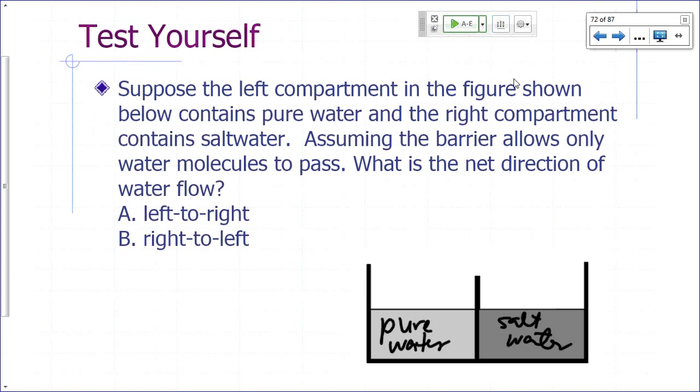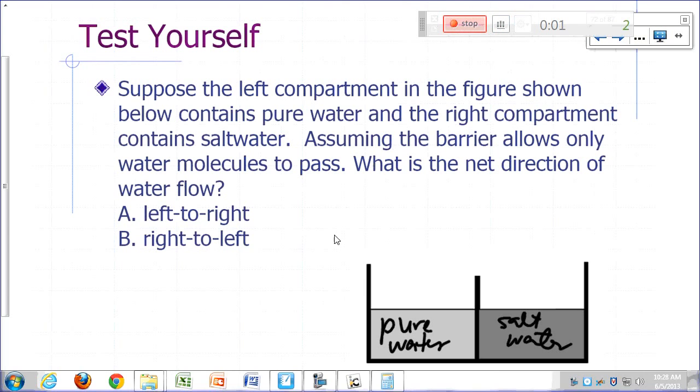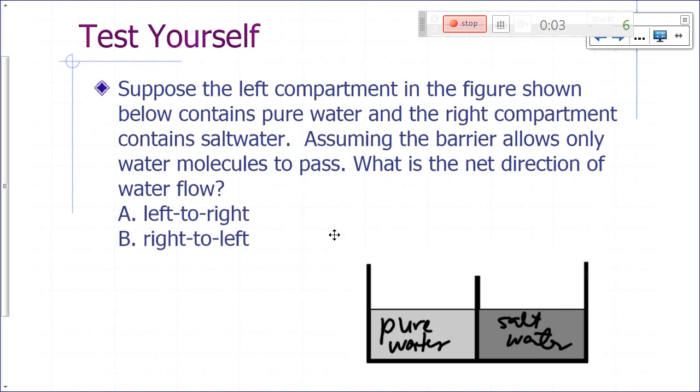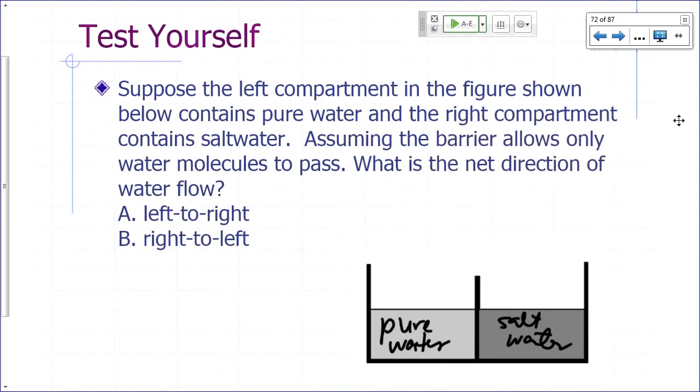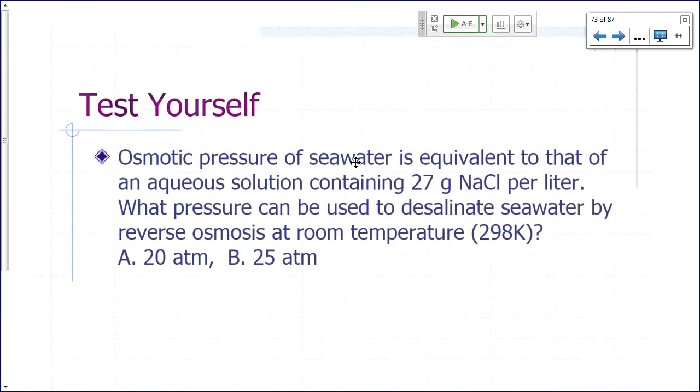Left to right or right to left? Is your clicker on? So let's see. Left to right, very good. From where your solvent concentration is higher to where your solvent concentration is lower. That's the direction of osmosis.